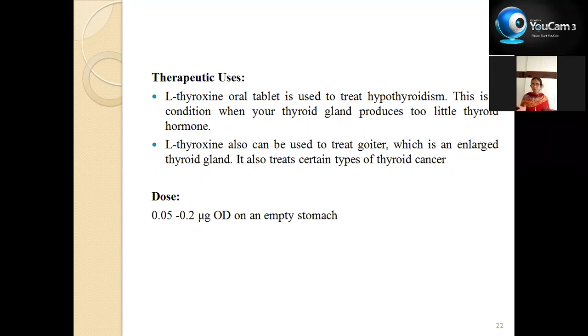For that condition, this drug is used, and it is also used to treat goiter, meaning enlargement of the thyroid gland, and also to treat thyroid cancer.